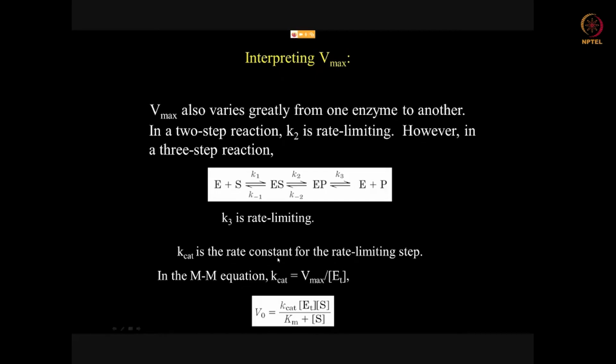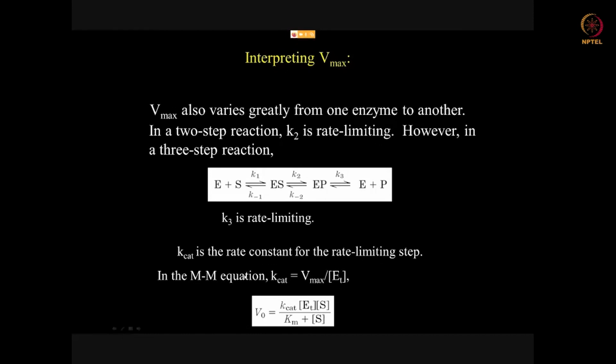So Kcat is the rate constant for the rate limiting step. In this particular case, K3; in the earlier examples we considered, it is K2, which is the rate limiting. So the rate limiting step's rate constant is what is Kcat. And this is an important one. So, the higher the value of this, the higher the overall rate of the reaction.